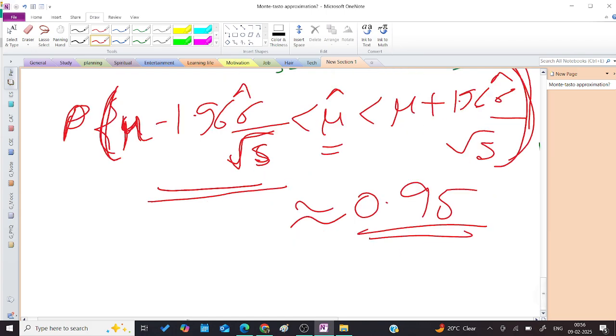So it is around 95% for mu hat to lie in this range.